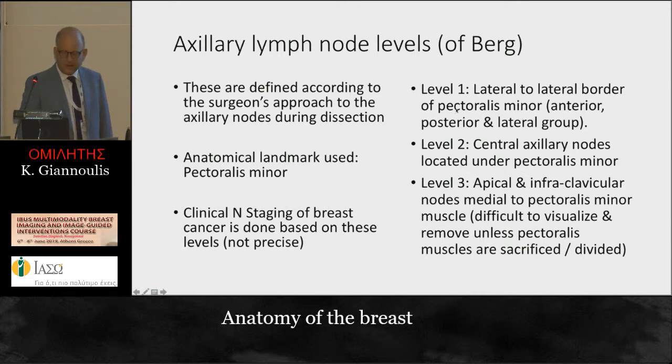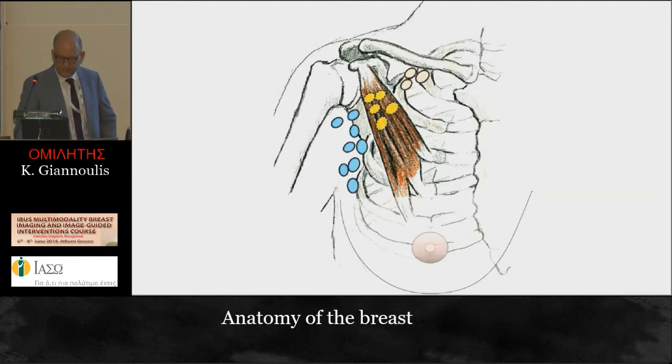Level 1 nodes are situated lateral to the border of pectoralis minor. Level 2 are situated under pectoralis minor, and level 3 are situated medial to the pectoralis minor up to the apex of the axilla. We can see that in a diagram as well.